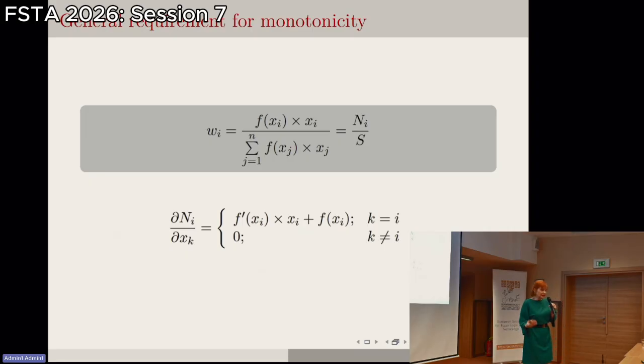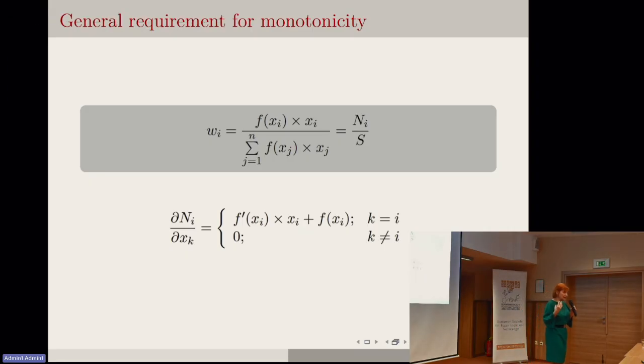So it's very easy because if I have this formula, it is enough to calculate partial derivatives with respect to each variable. I only remind you that if I want to differentiate this formula with respect to each variable, I denote the denominator S. And I would like to remind you that for these partial derivatives, I must divide into two possibilities. If k is equal to i, I have this one in the numerator. If k is not equal to i, I have 0 in the numerator.